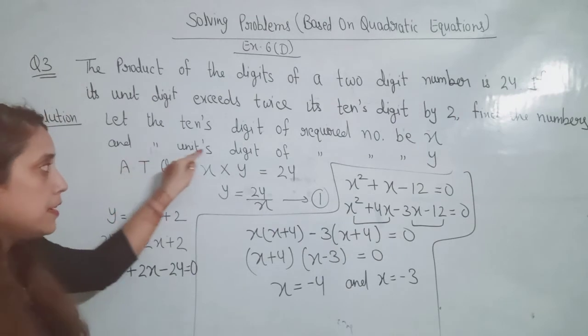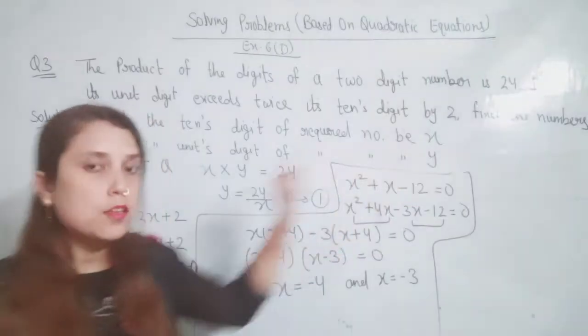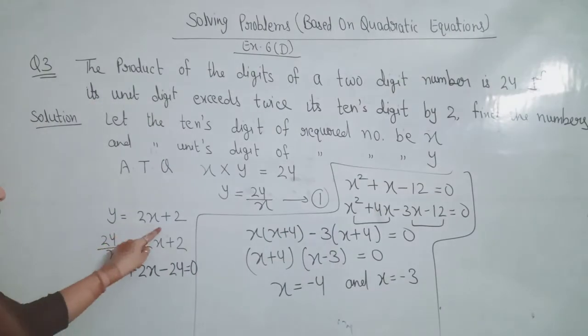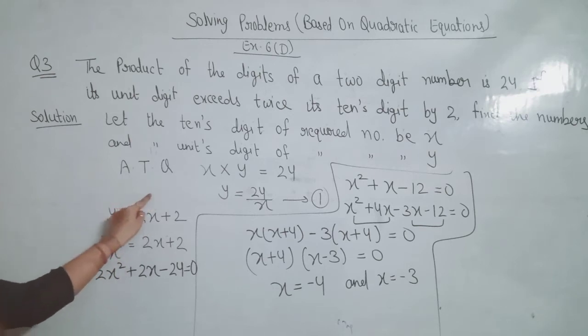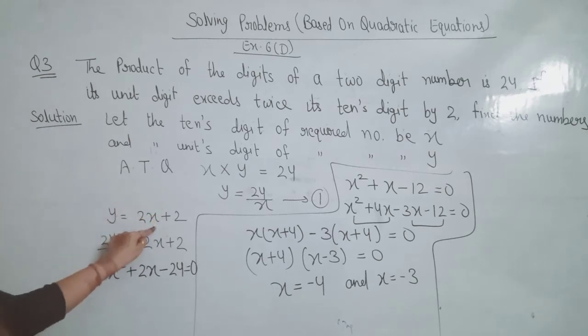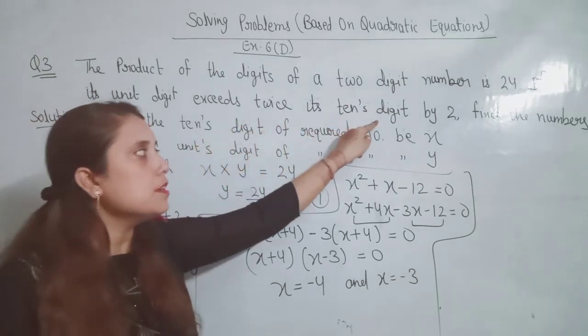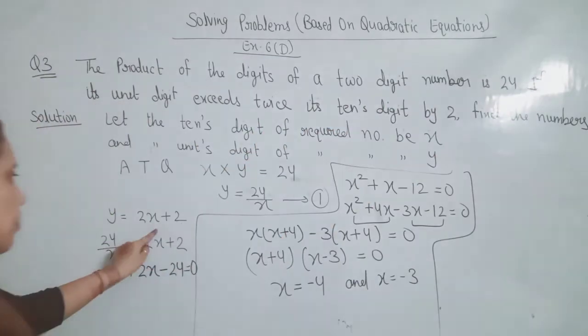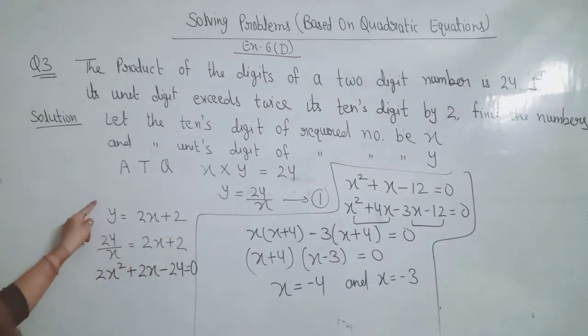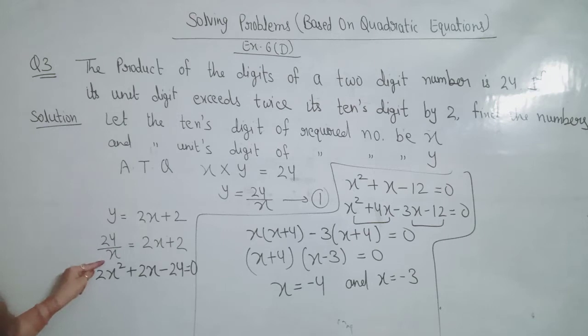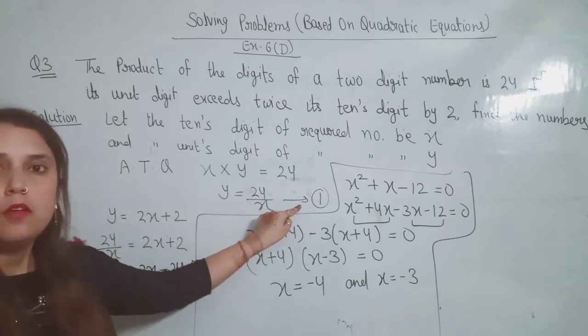So y is equal to 2x plus 2. Now in place of y we can put 24 upon x from equation first.